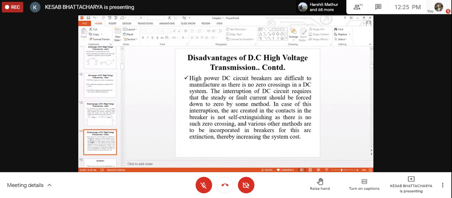In the case of AC circuits, AC waveforms normally pass through natural zero values at regular intervals of time.